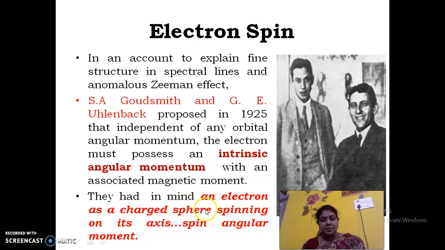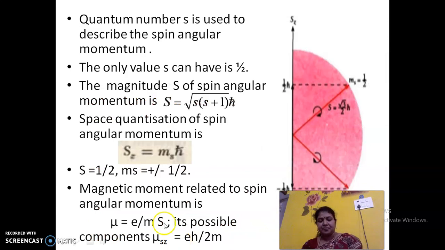I repeat, so now an electron is not only orbiting with the orbital angular momentum, but it should also be thought of as a charged sphere spinning on its axis with spin angular momentum. And they denoted a quantum number s, which was used to describe the spin angular momentum, and the only possible value s could have was chosen to be +1/2.